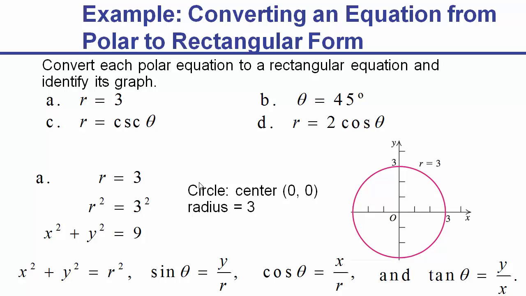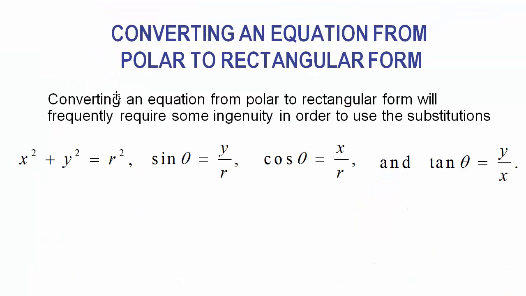So for instance, the first one they give us is just r equals 3. Well, out of those four equations, the only one that has just r in it, because remember we don't have theta, is the first one.